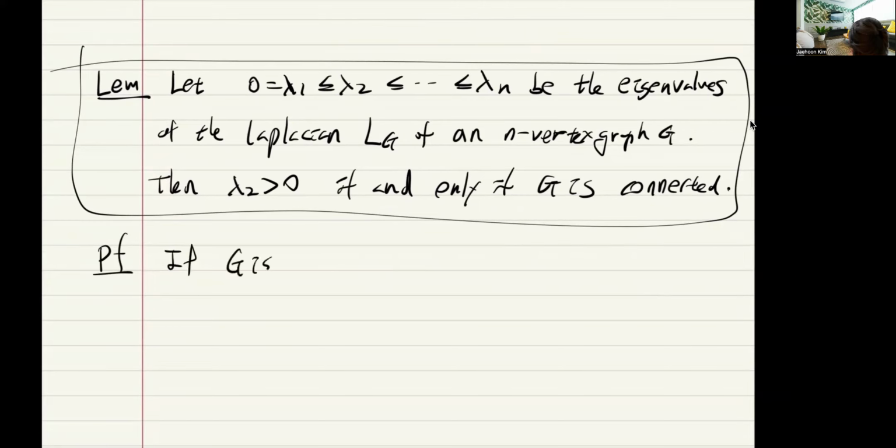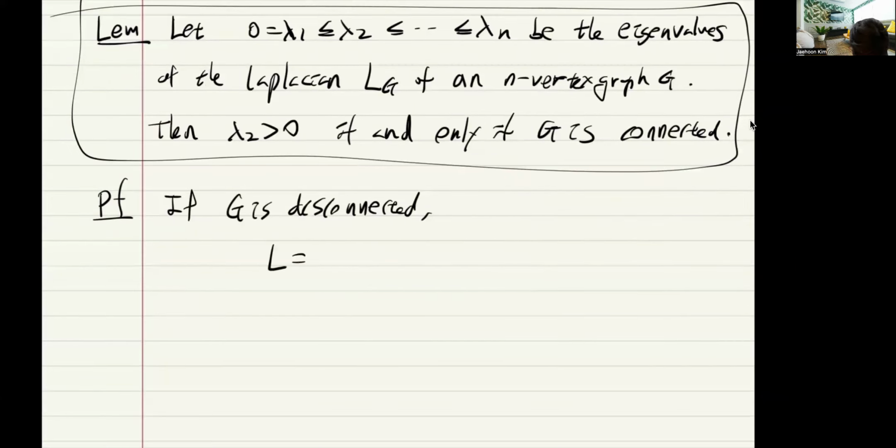If G is disconnected, then how does this Laplacian look like?